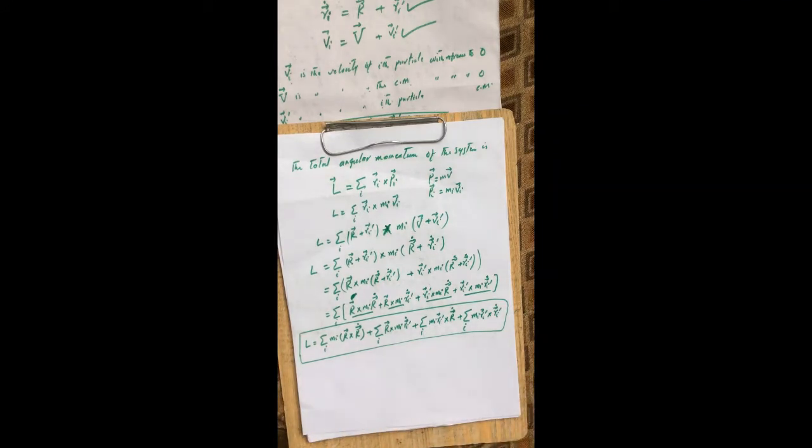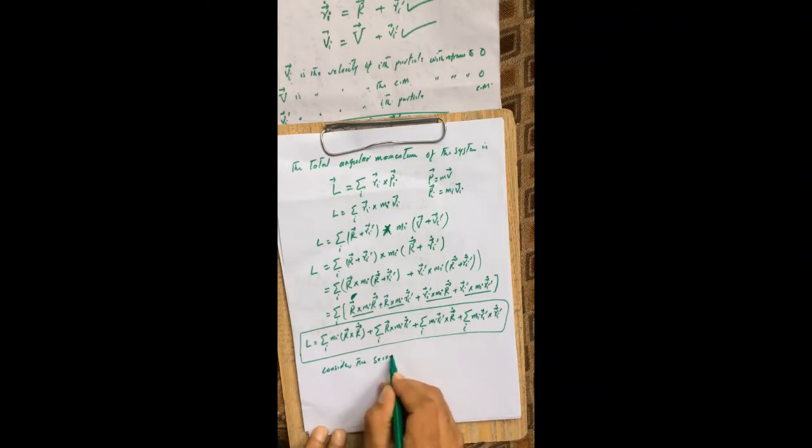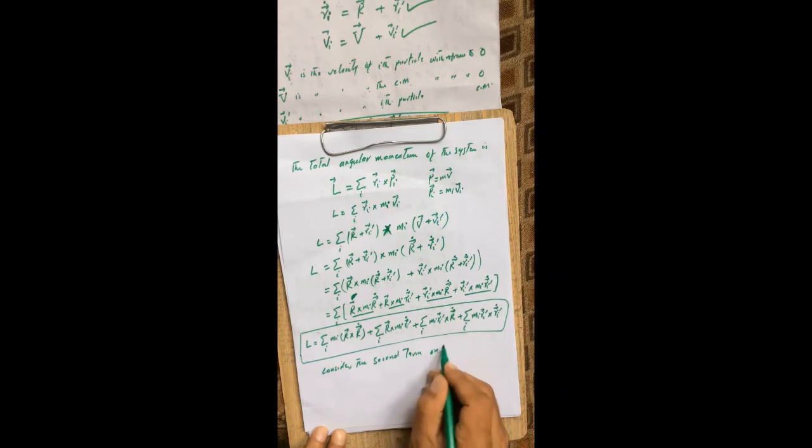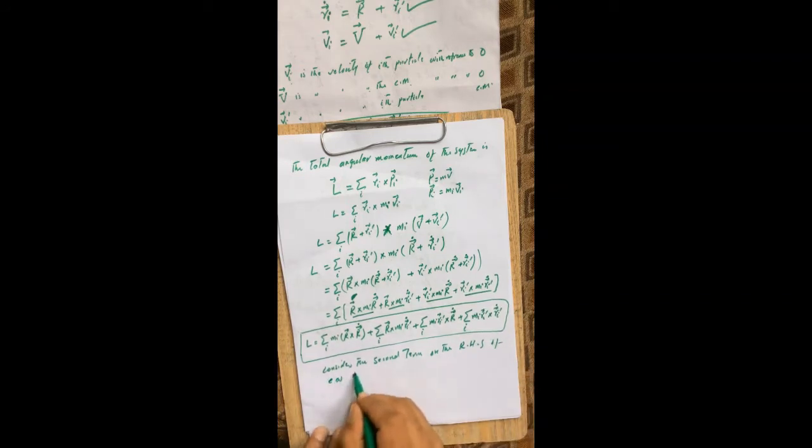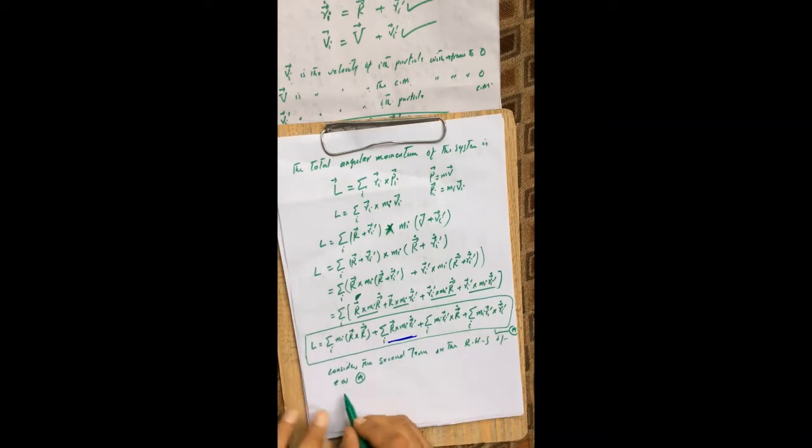First consider the second term on the right hand side of equation A. This is equation number A. So consider this second term, which is the sum over i of R cross Mi Ri prime dot.